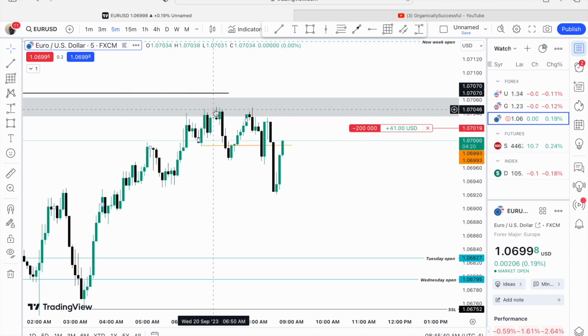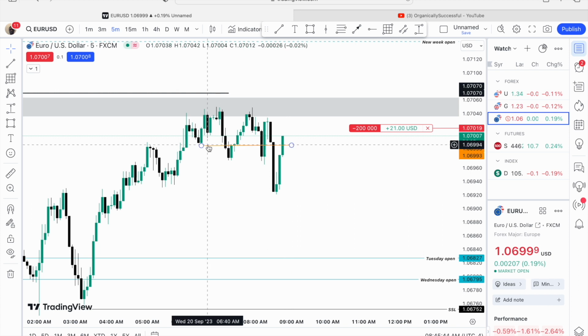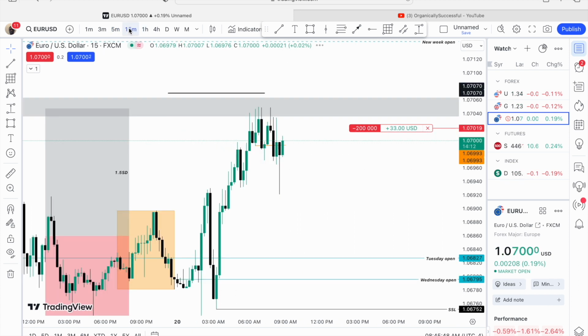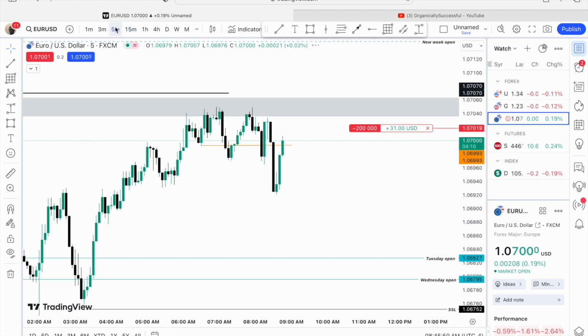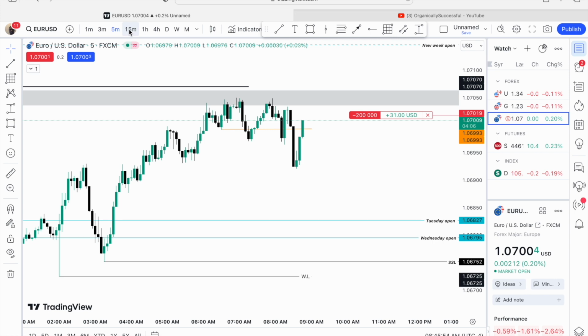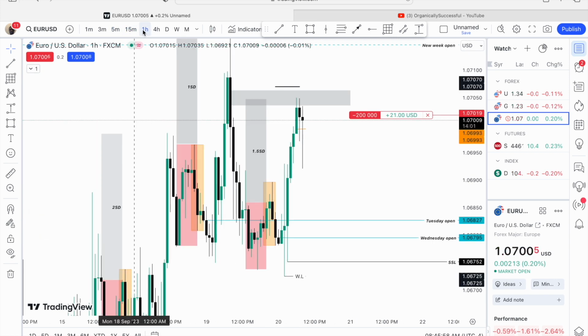Low, trade up, right. And I used to really take note of this area here. Classic FOMC price action.